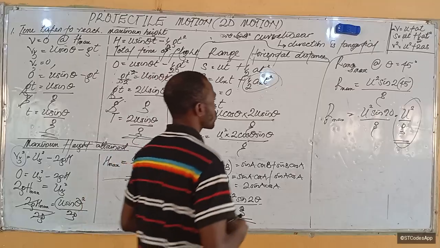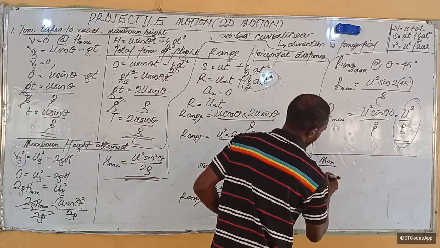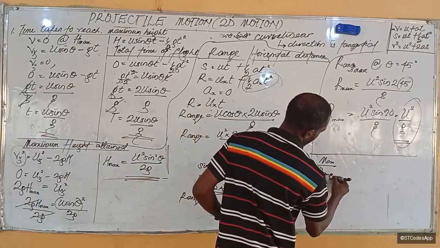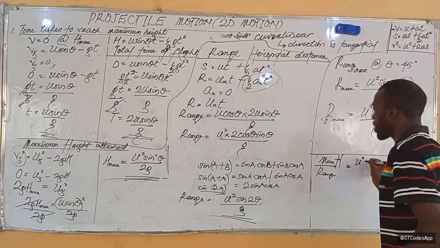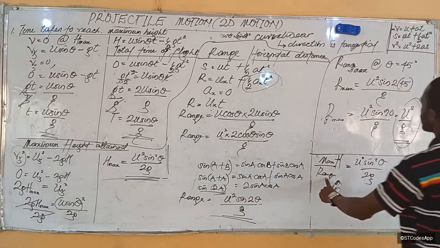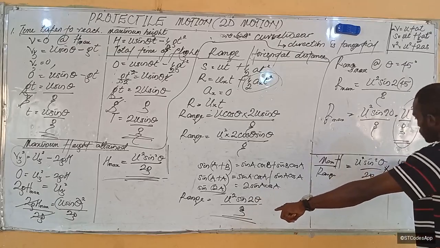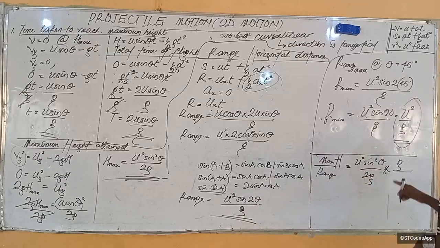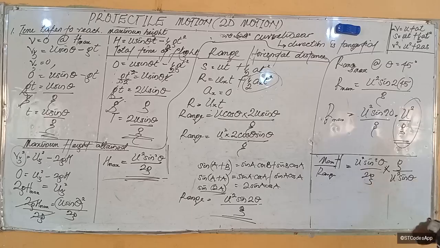We'll take the ratio to the range. Maximum height over range. What does that become? That becomes u squared sine squared theta over 2g divided by range. And range is this. So if you divide it by that, it will invert, right? Times g over u squared sine 2 theta.